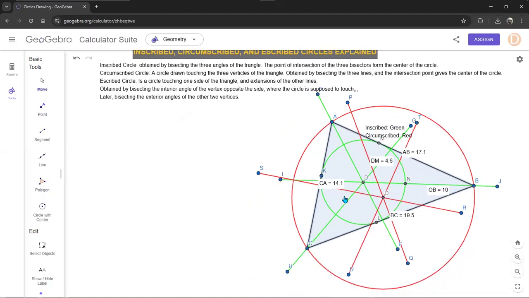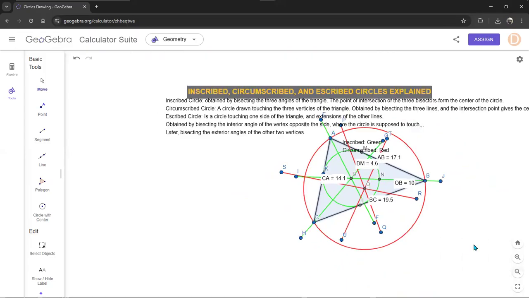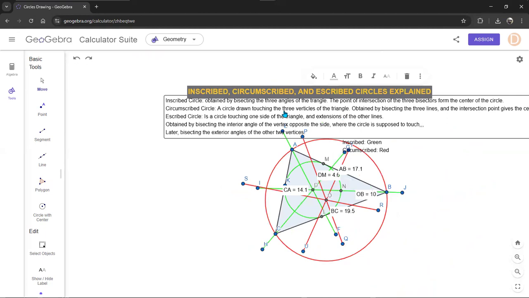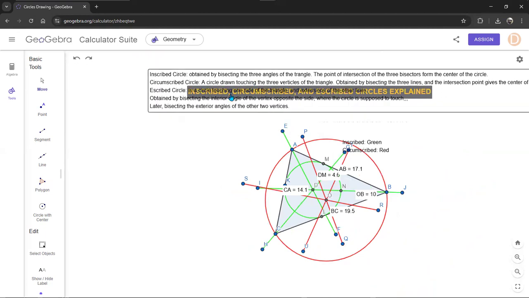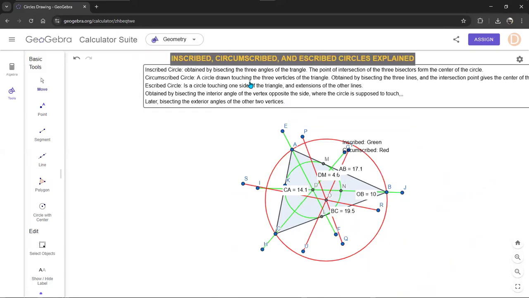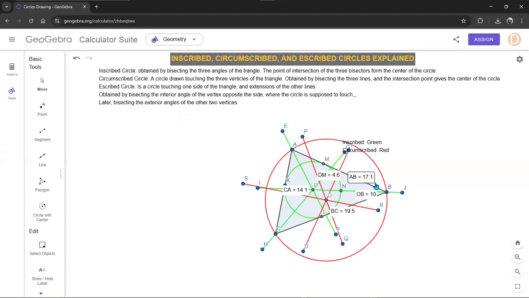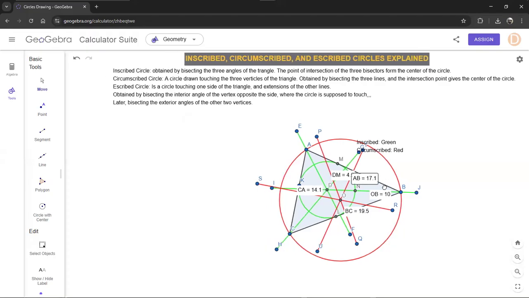So let me reduce the size. First, this one may be a little bit big, considering what we have.